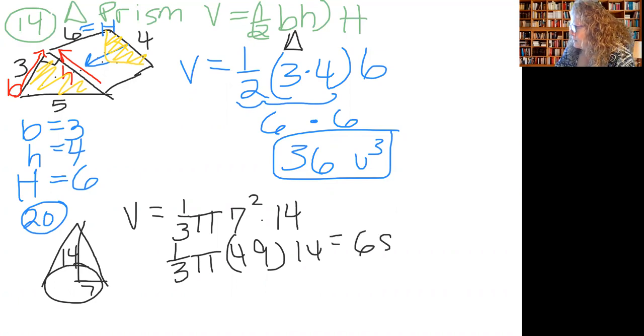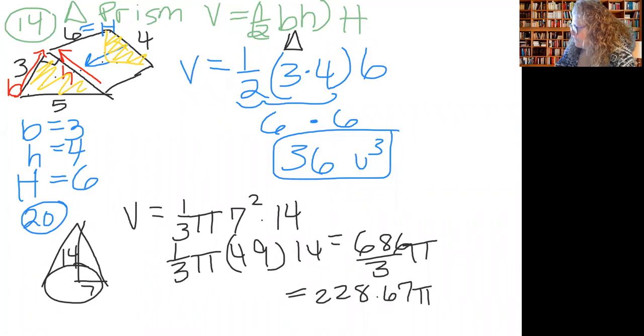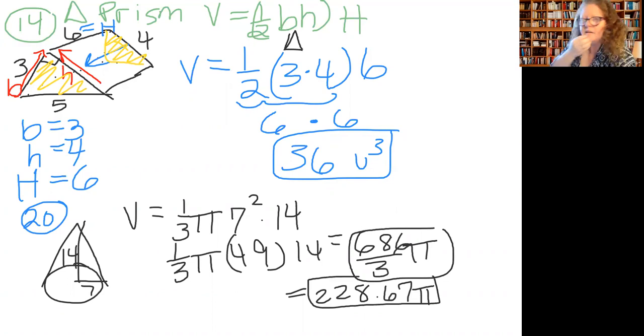So you could do 686 divided by 3 pi, or you could leave it as pi, or put a decimal, and they get 228.67. I'm more used to leaving pi, but the answer sheet has that.